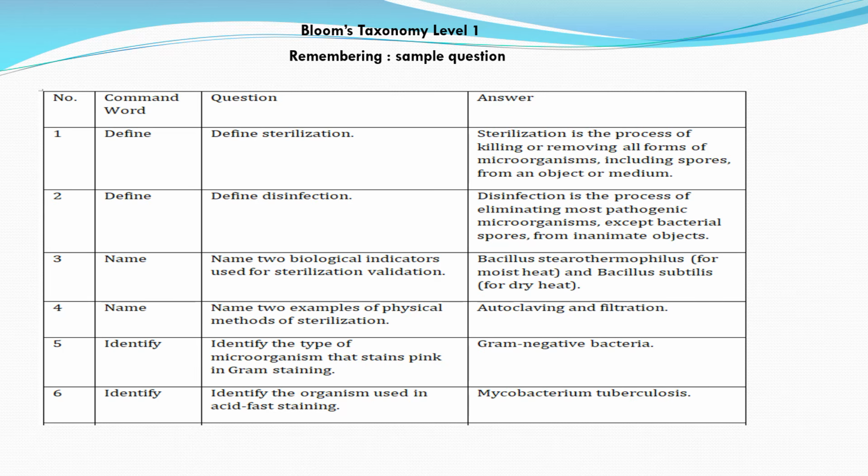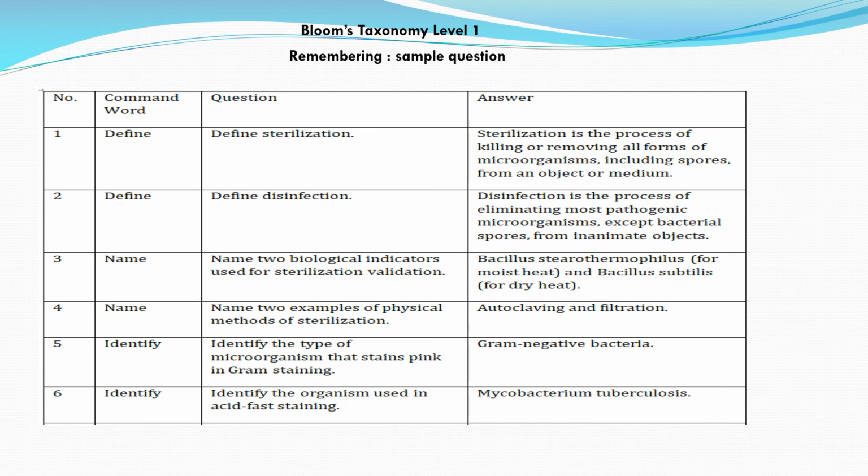So by using the remembering words, there are sets of questions we can generate and ways they are answered. As per the example, with define we can generate questions like define sterilization, define infection. By using name, we can ask the name of two biological indicators, name of physical methods for sterilization.